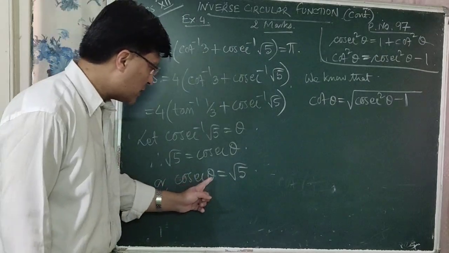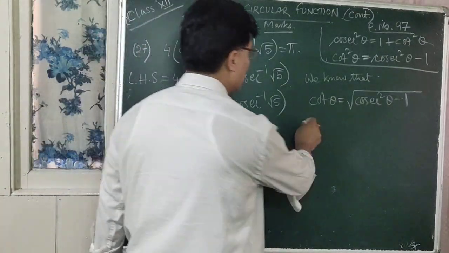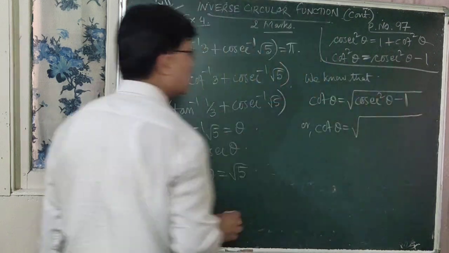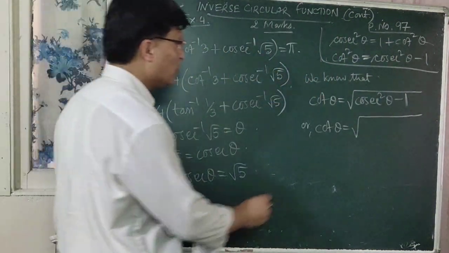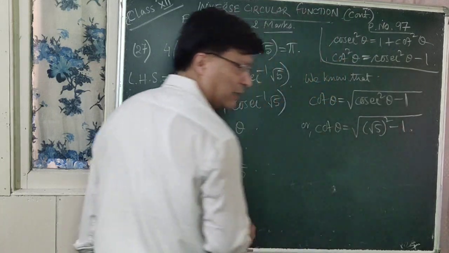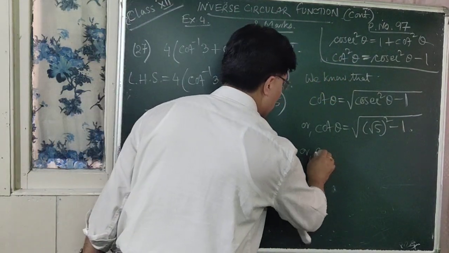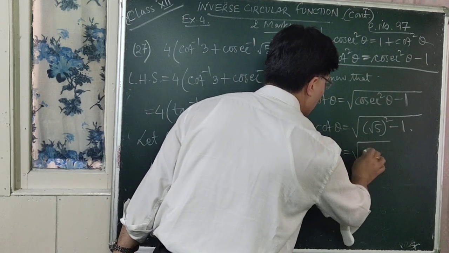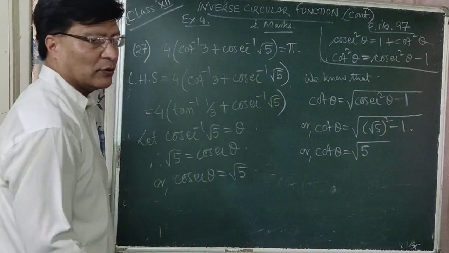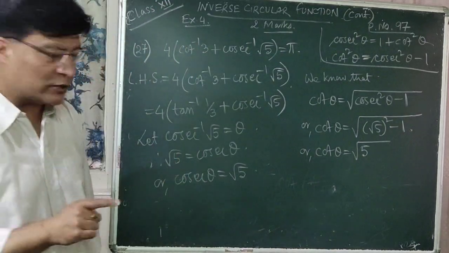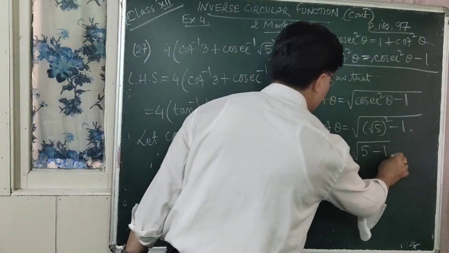Now put the value of cosec theta. What is cosec theta? It is root 5. So cot theta is equal to root over (root 5) whole square minus 1, right? What is (root 5) whole square? It is root 5 into root 5, which is 5, so 5 minus 1.